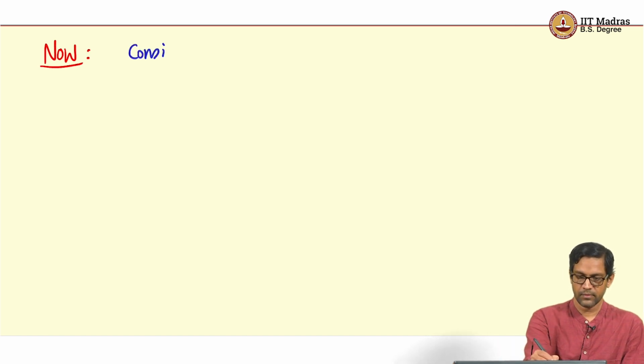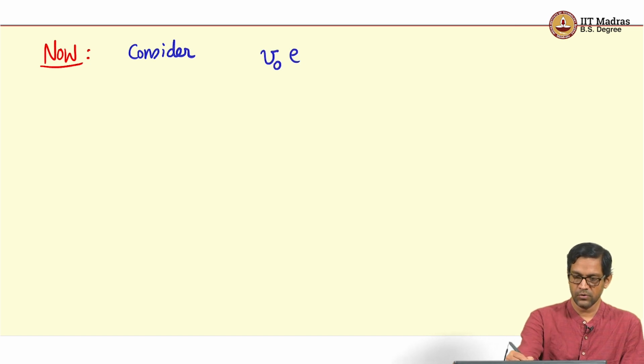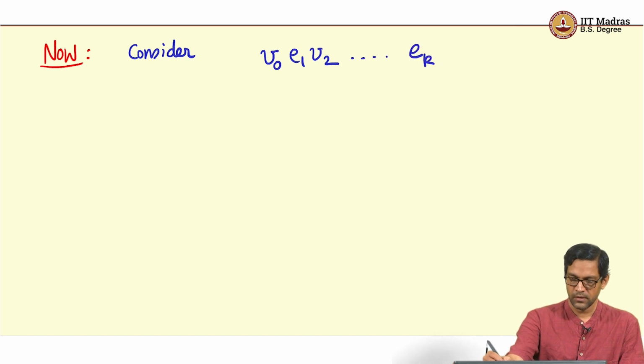I have V0, E1, V2 and so on, ending at Vk, but Vk remember is the same as V prime L. So Vk turns out to be the same as V prime L.